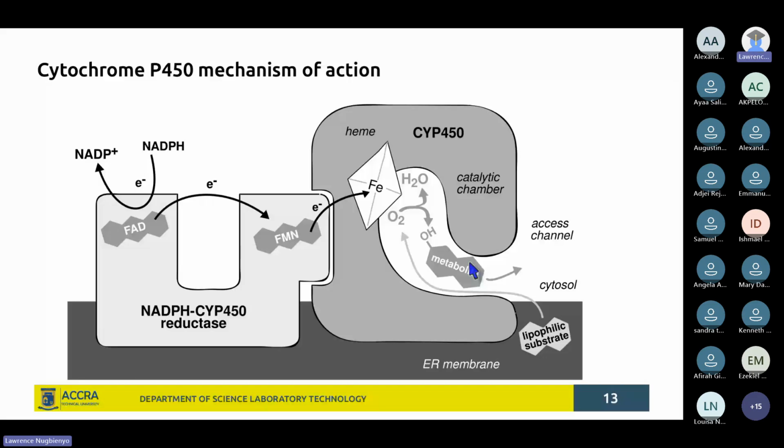This is just a simplification of what the enzyme does. This enzyme substrate complex depicts hydroxylation of a xenobiotic, making the metabolite produced from it more hydrophilic, so that it can get excreted out of the body.